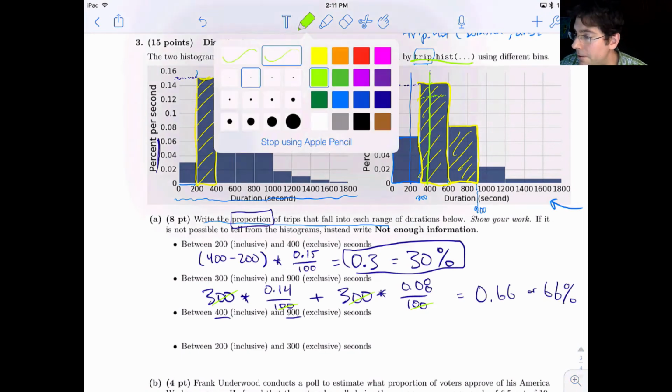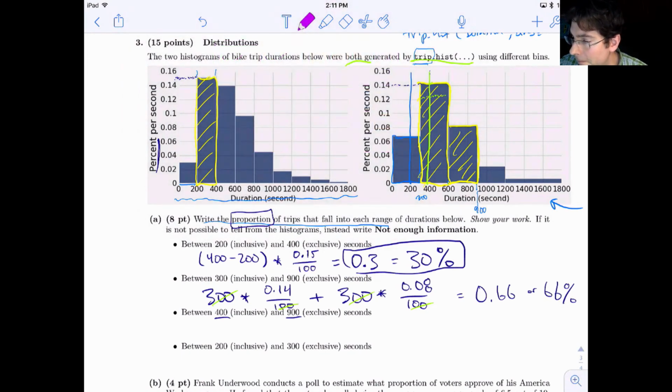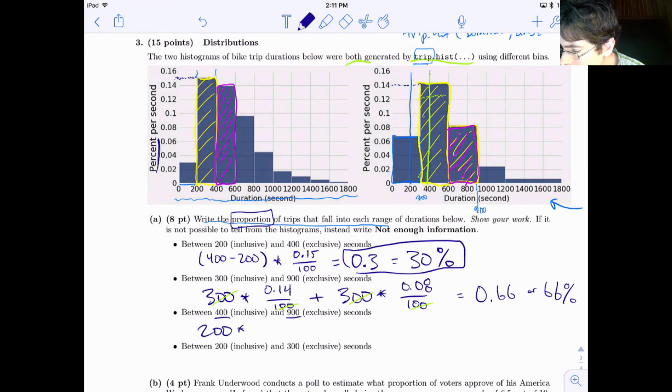Well, what we can do is get everything from 400 to 600, which is this one, plus everything from 600 to 900, which we've already computed here. Okay, so the one on the left has width 200, and its height is 0.14%.